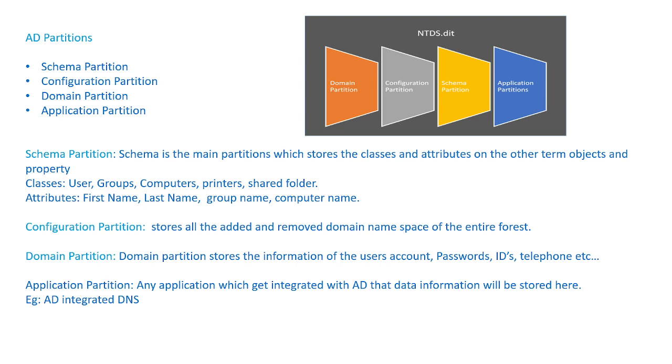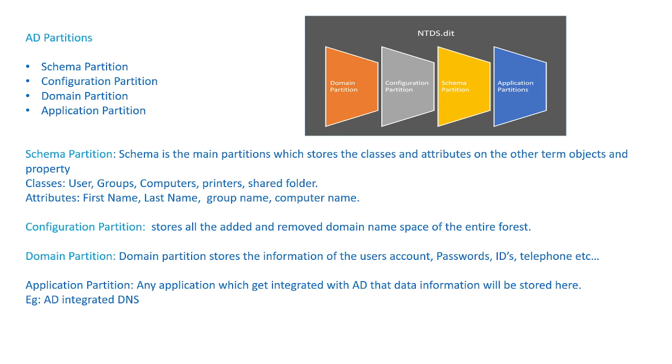That is called the application partition. Say for example DNS. DNS and Active Directory are like husband and wife. Without DNS, Active Directory will never work, but without Active Directory, DNS will work. So Active Directory completely depends on DNS.